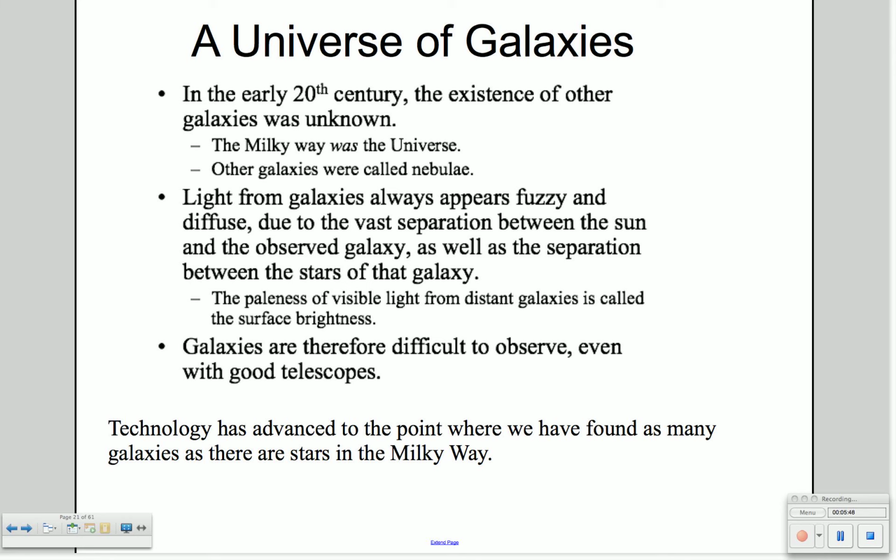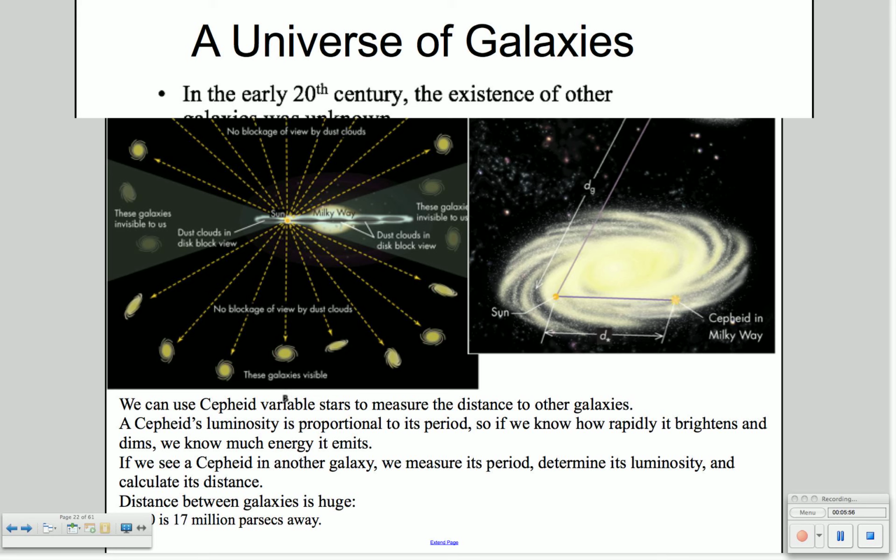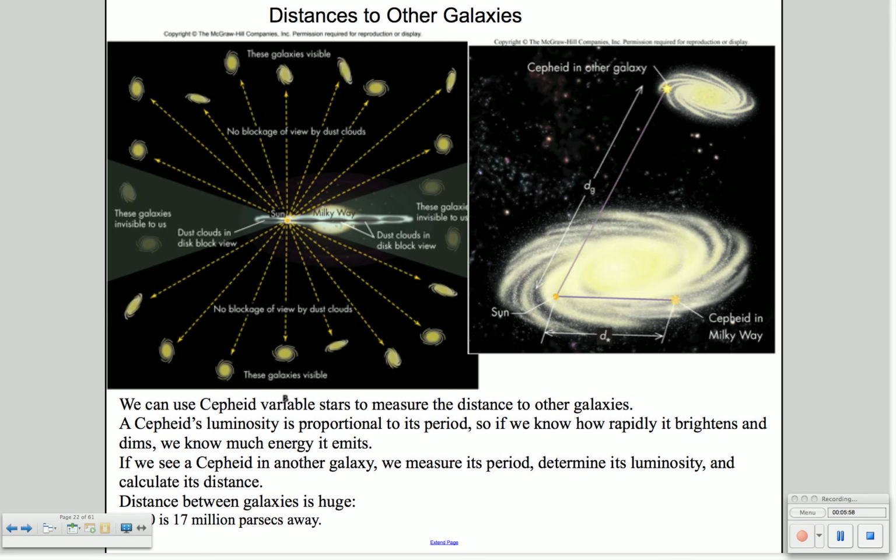But technology has advanced to the point where we have found as many galaxies as there are stars in our Milky Way, which is about 100 billion. On the left, we see a little map of the universe from our own Milky Way. We see the sun there, and all these other galaxies that are fairly close by, and we find the distance to these galaxies using the Cepheid variable method.